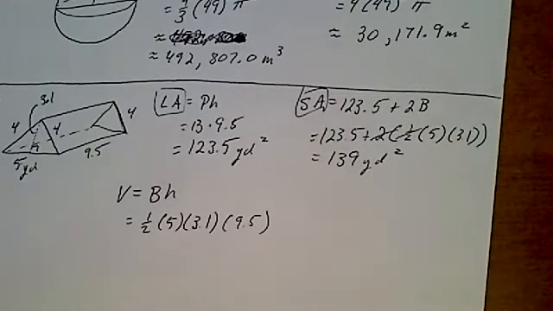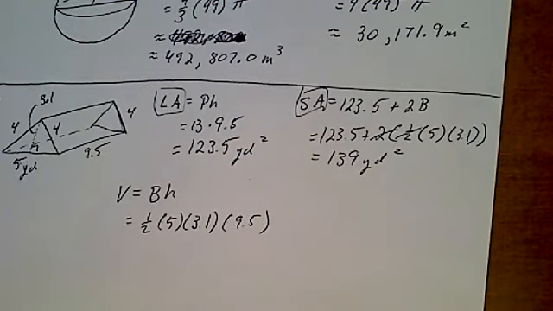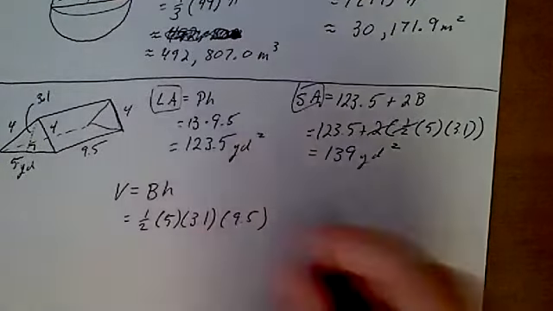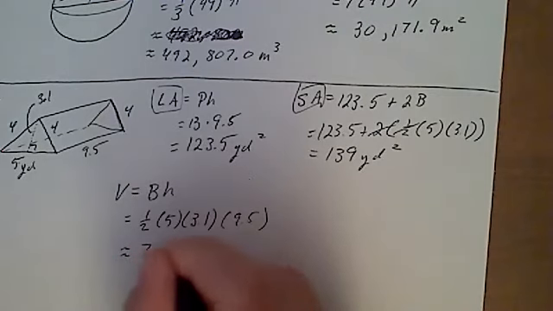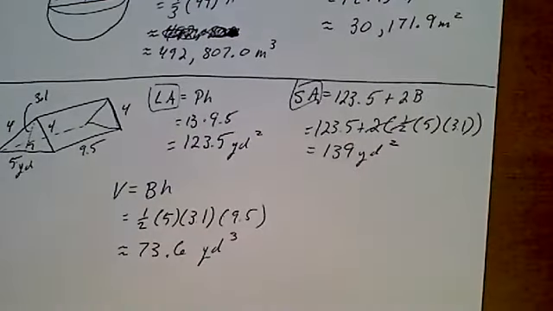So 5 times 3.1 times 9.5. That's all divided by 2. And we get about 73.6. This would be yards cubed if we needed it.